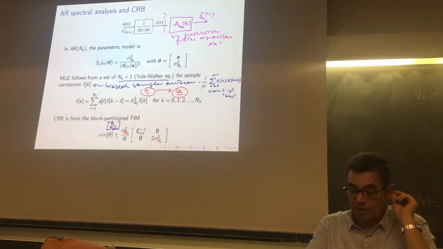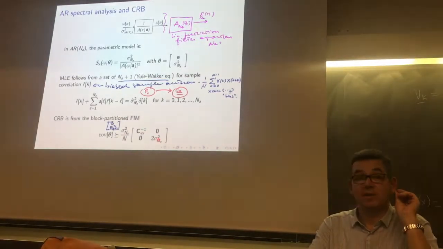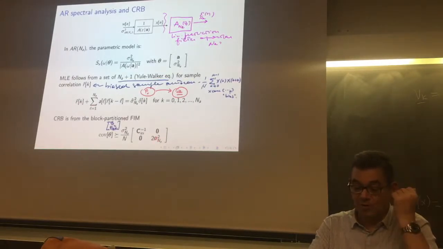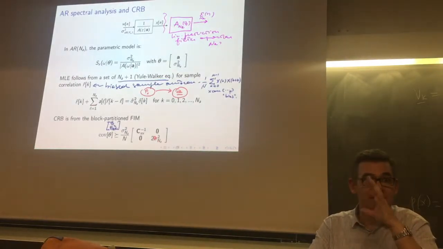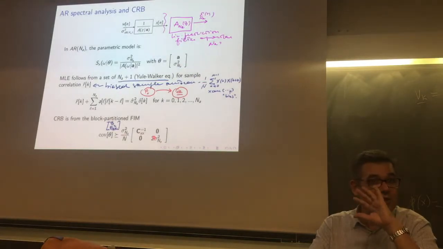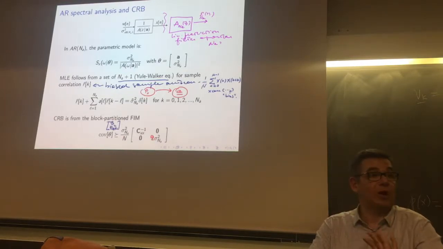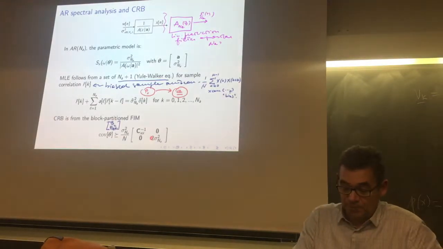It depends on sigma 4. Okay? This confirms that in spectral analysis the dependency on the variance or covariance is always dependent on the 4th power of the excitation.